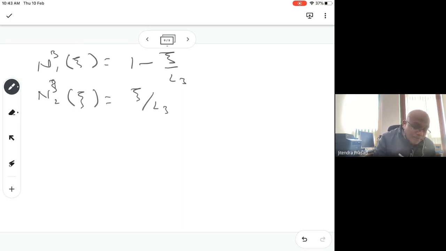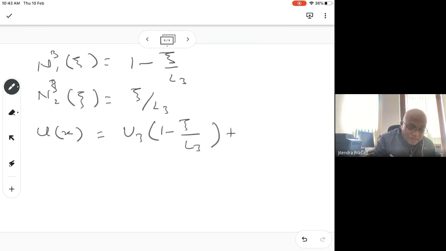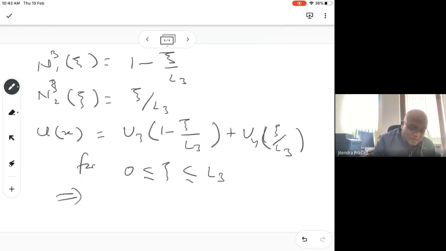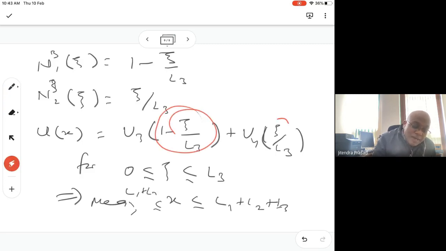Now your u(x) is equal to u3 times (1 minus xi over L3) plus u4 times xi over L3, for xi from 0 to L3. That means you convert x from L1 plus L2 to L1 plus L2 plus L3.